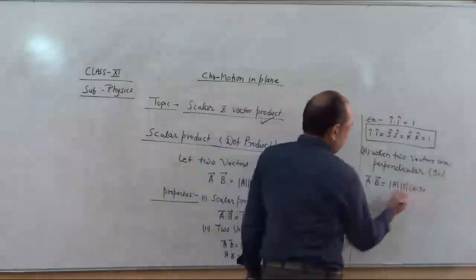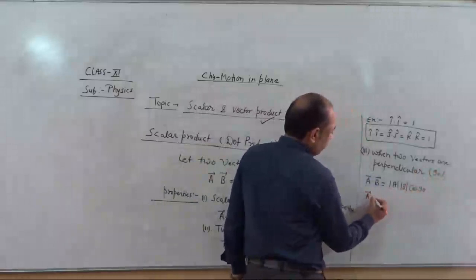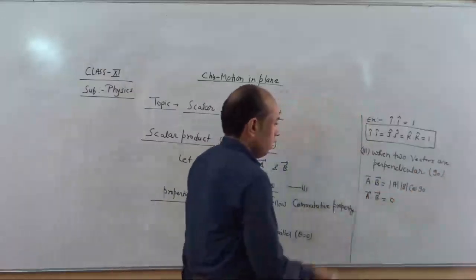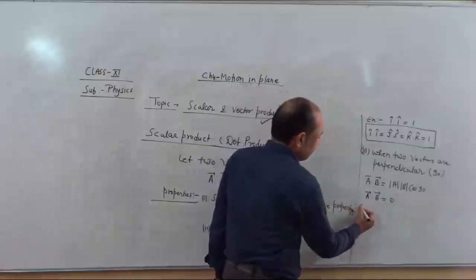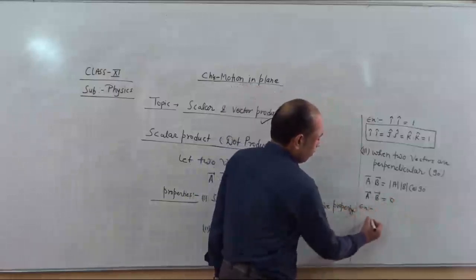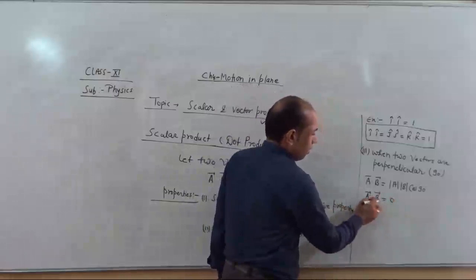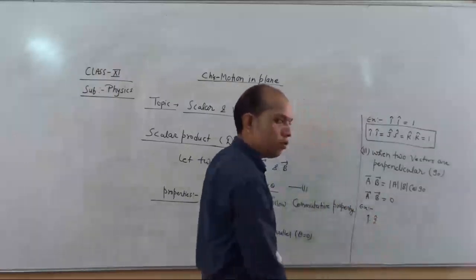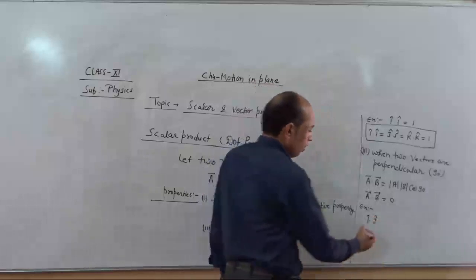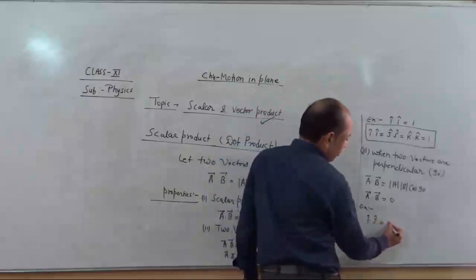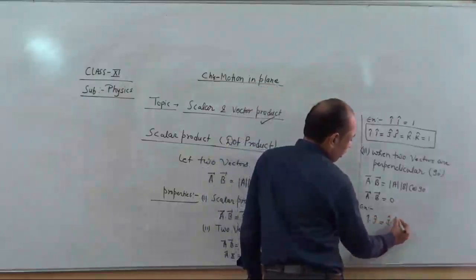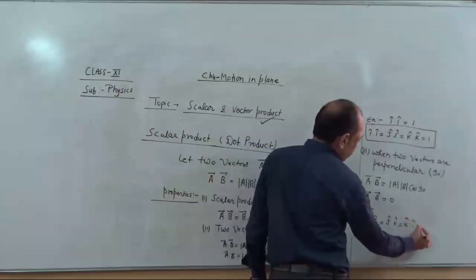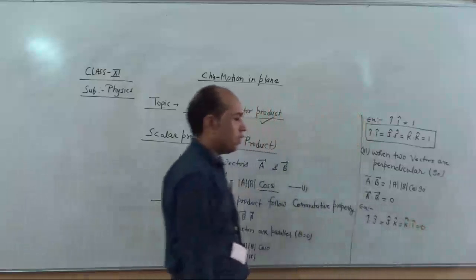So cos 90 is 0, so the product is 0. And again if we take the unit vectors, for example I and suppose J, because all the three axes are mutually perpendicular, so either we take I into J, J into K, or K into I, it is always equal to 0.